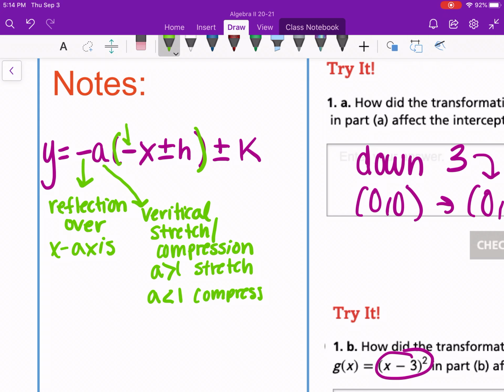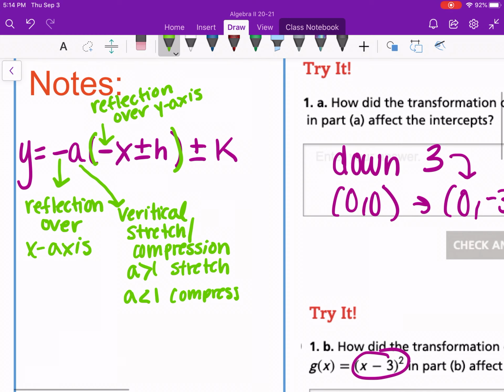If there is a negative inside the container, that is a reflection over the y-axis. And we'll talk about what all of this means in a bunch of examples, but again, this is your master lesson right here. If you write all of this down, you are going to be good to go, smooth sailing.